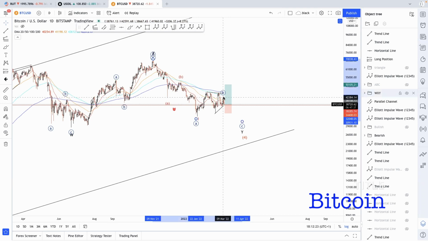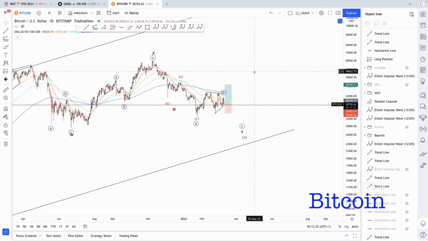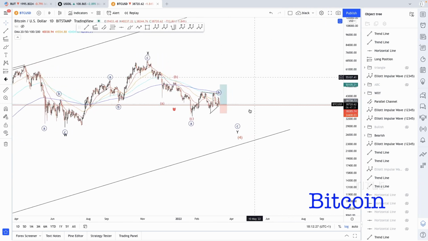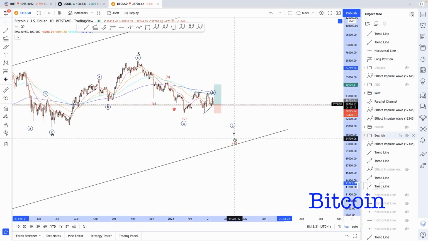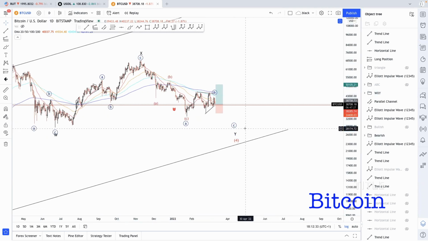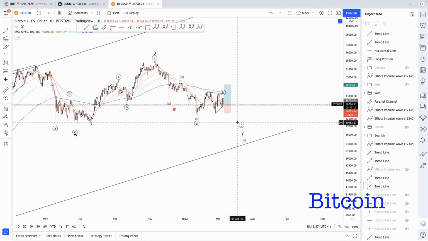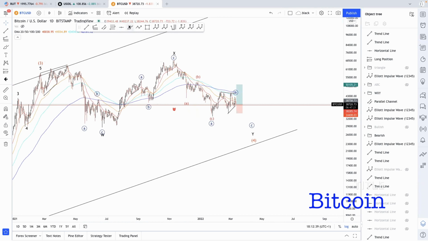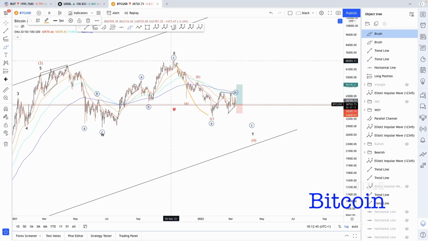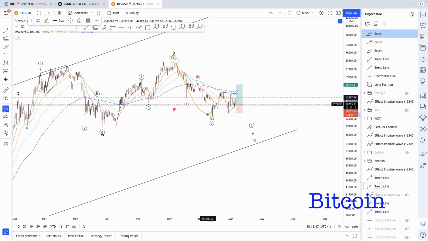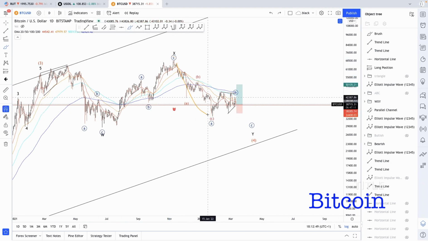So potentially we could be going down from where we are to one more low, and at that point we could have completed the correction. What I like about this count is that this is a move down, from this high to this low, that I see as a one-degree structure.